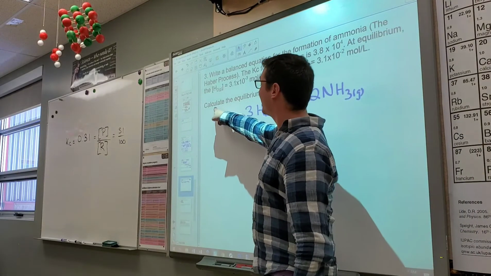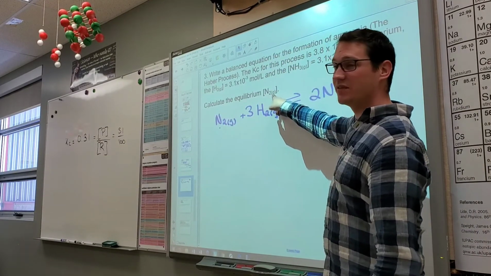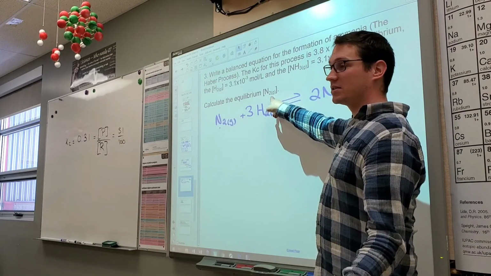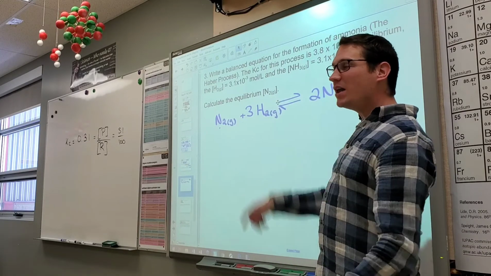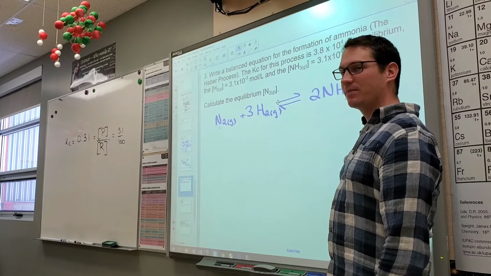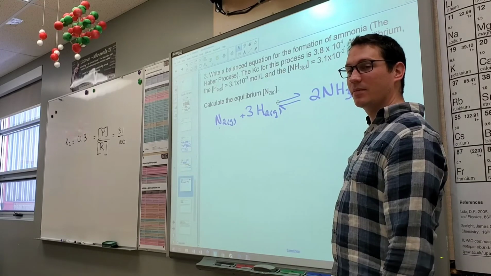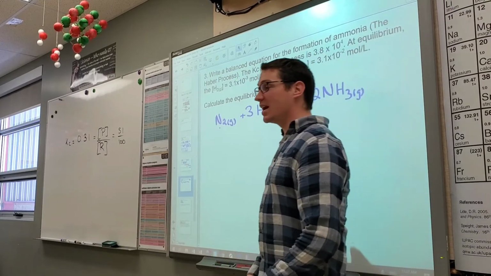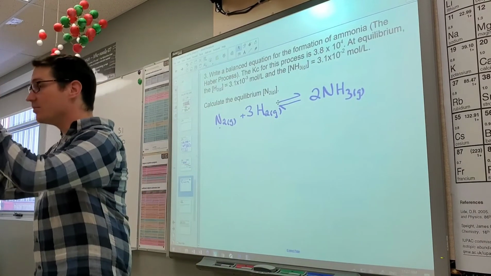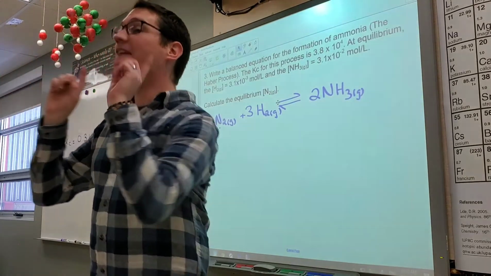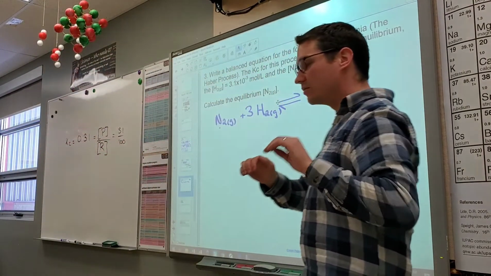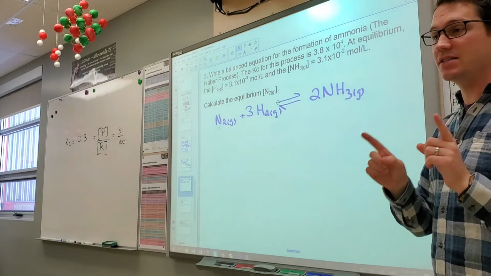But this one's saying calculate the equilibrium concentration of N2, so you don't have all the equilibrium concentrations, right? When would you use an ice table? Whenever a question says initially something, and then it says do something with the equilibrium values, right? That's when you use an ice table.